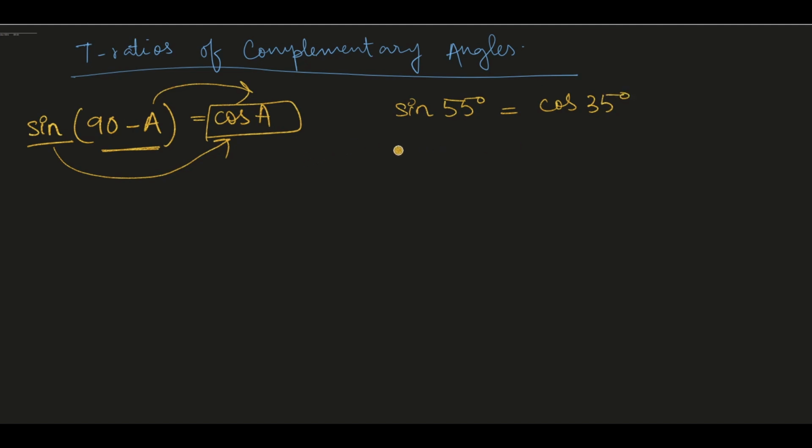How? Just see. This is sine, and see, how did we get this 55? This is 90 minus A, so 90 minus 35 degrees. After doing 90 minus 35, we get 55.